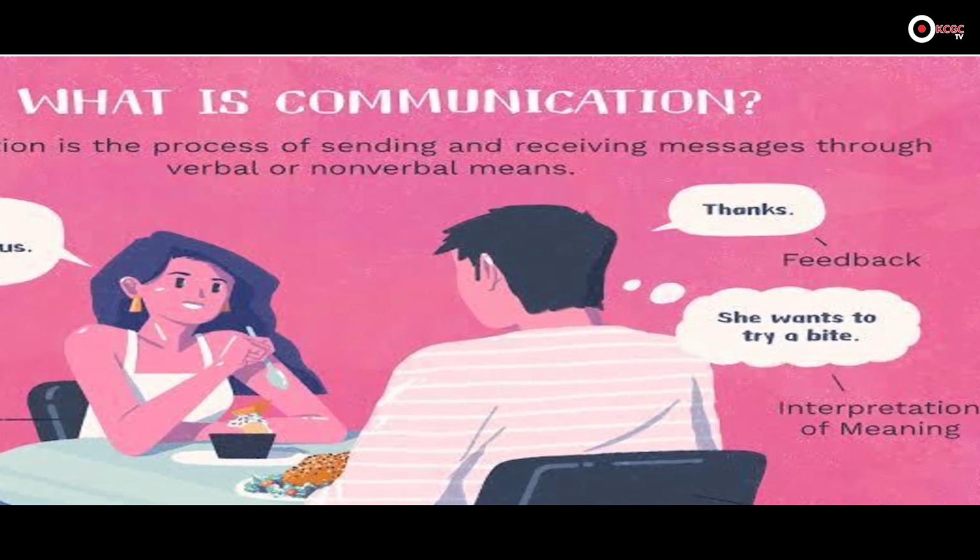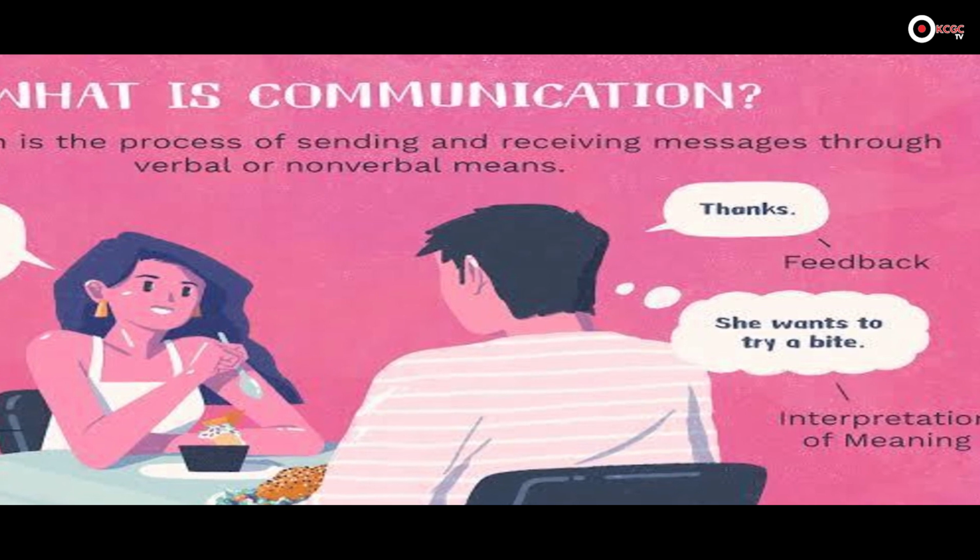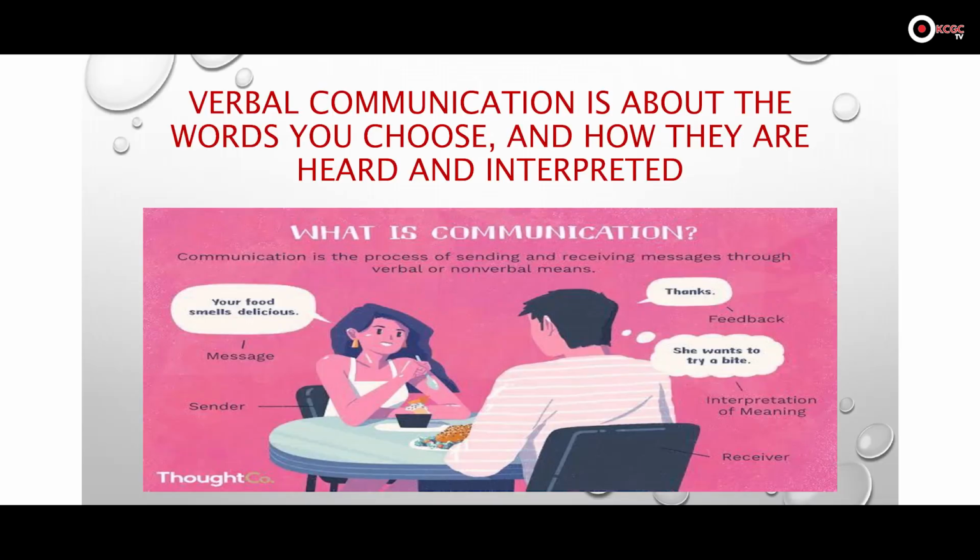Now, I'm going to rectify one of my statements when I said communication is of two types, the verbal and the non-verbal one. Let me add over here another type of communication, that is para-verbal communication. Now guys, what is para-verbal communication?